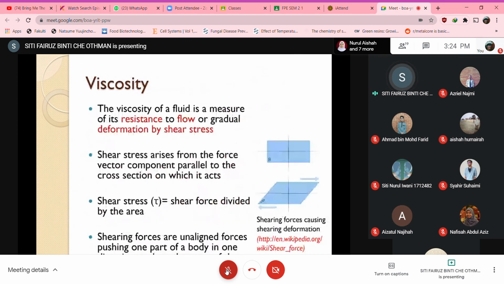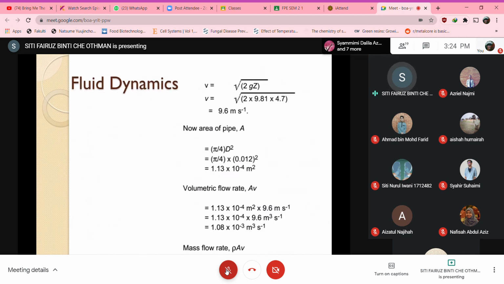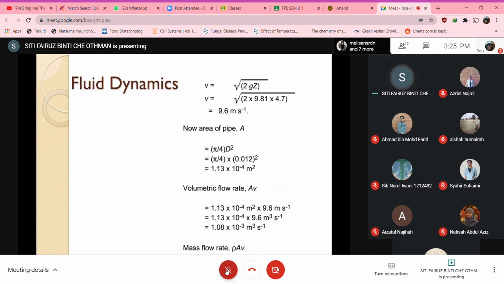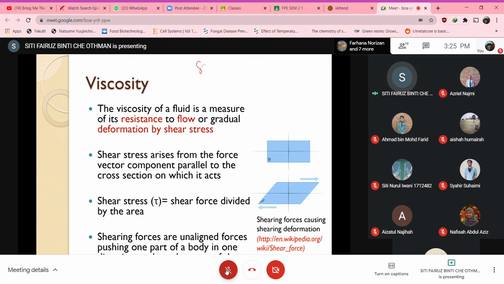Okay, now we're going to look at viscosity. Tu dah settle bahagian fluid dynamics lah, okay. So remember fluid dynamics ada apa? Ada static dengan dynamic.